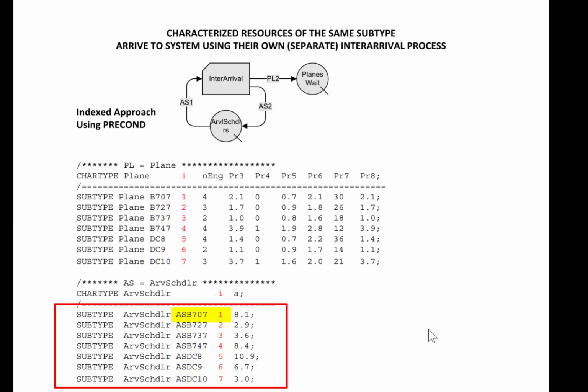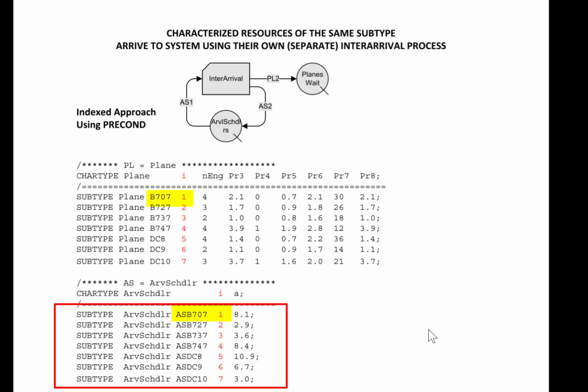For example, the first one has the name AS-B707. AS stands for Arrival Scheduler, and B707 is the model number of the airplane to which it applies. The important thing is that there is a correspondence between the index I for the Arrival Scheduler and the index I for the plane subtype.